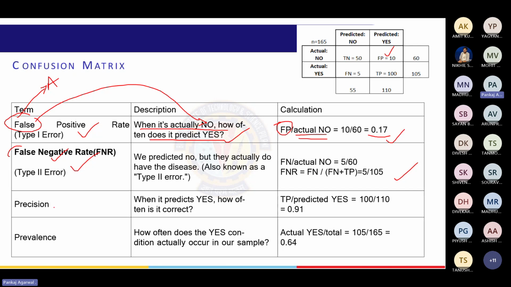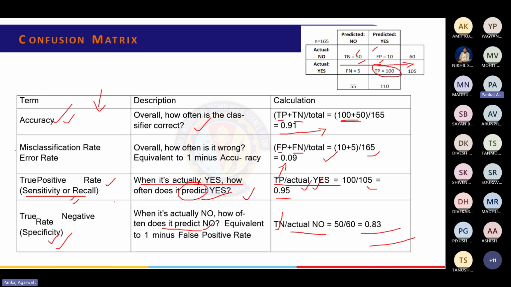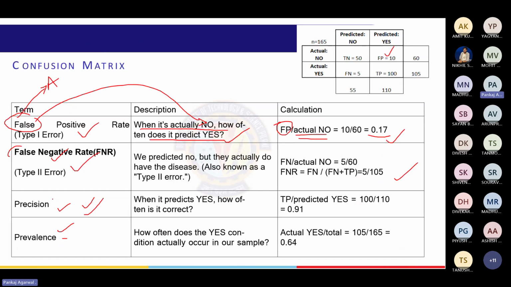So there is something called precision and prevalence. Prevalence is not that important, but precision is very important, and you often tend to confuse it with sensitivity. These two terms confuse you the most: the true positive rate, that is sensitivity or recall, and the other term, precision.